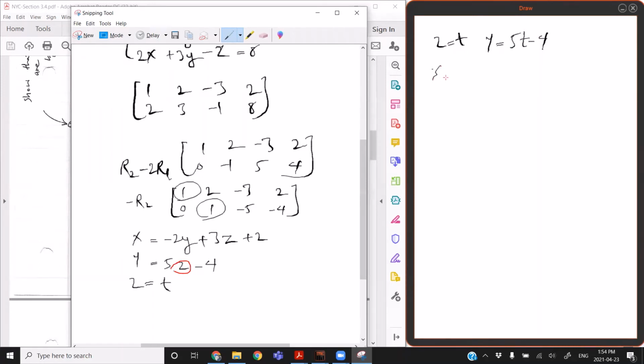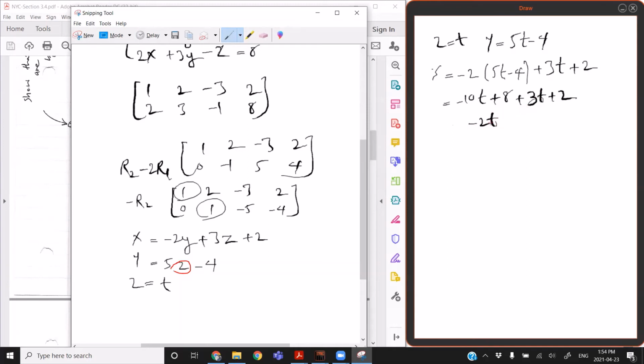And then for x, I get minus 2y, so 5t minus 4, plus 3z, so 3t plus 2. So I get minus 10t plus 8 plus 3t plus 2. That's going to be minus 2t.